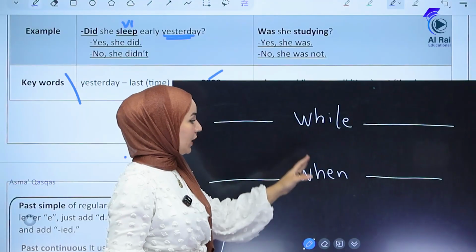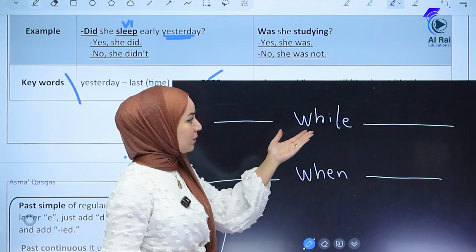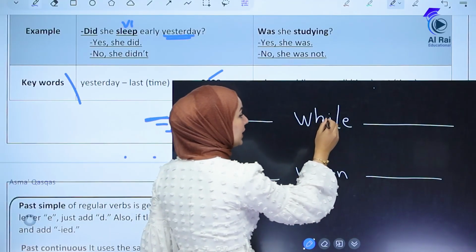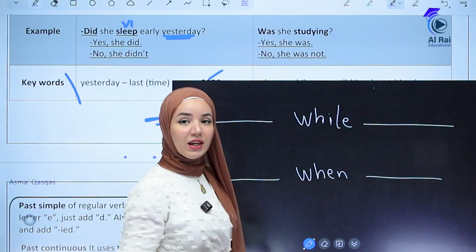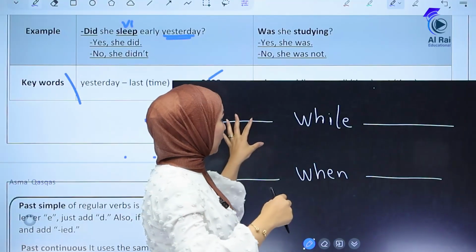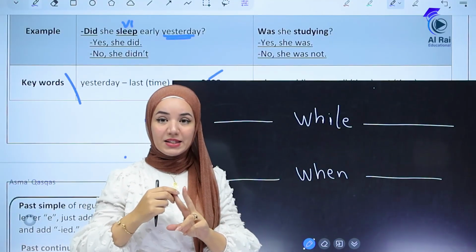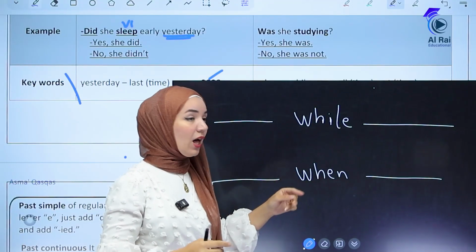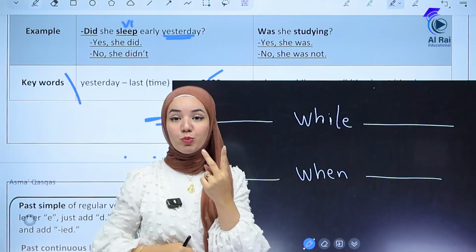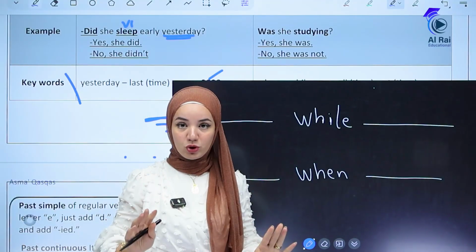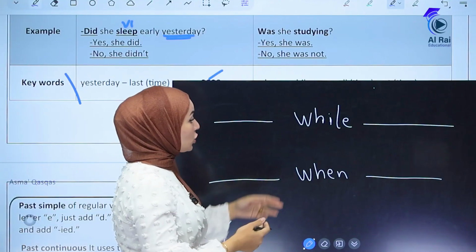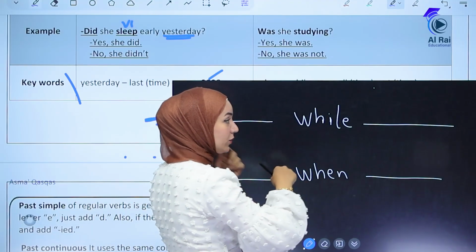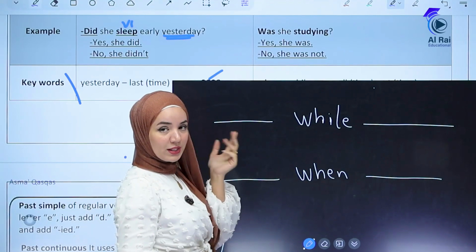So, sometimes when and while in the middle, and sometimes we can find them at the beginning. Okay, now let's see. With when and while, I need to use in one section past simple and the other section past continuous. So here I have to use both of them, past simple and past continuous. Good? Okay, so teacher, how can I know when can I put past simple or past continuous here?